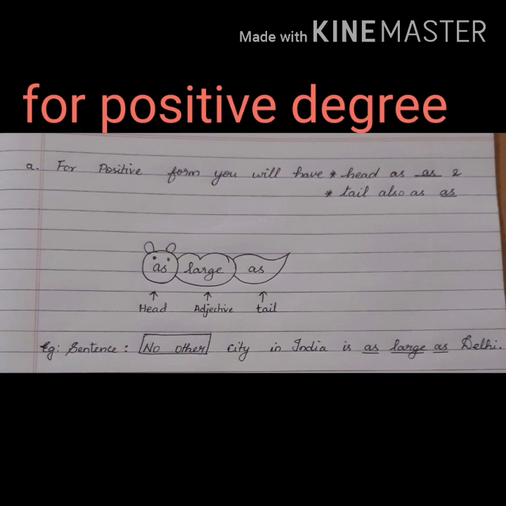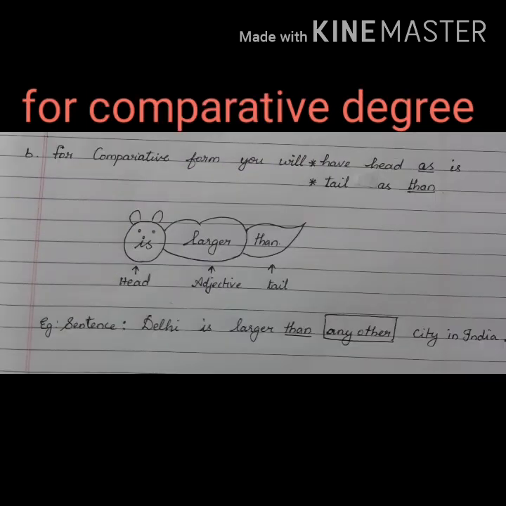Coming to the example sentence, no other city in India is as large as Delhi. When it is having single noun in the positive form, it always starts with no other. At some places, we also use very few.